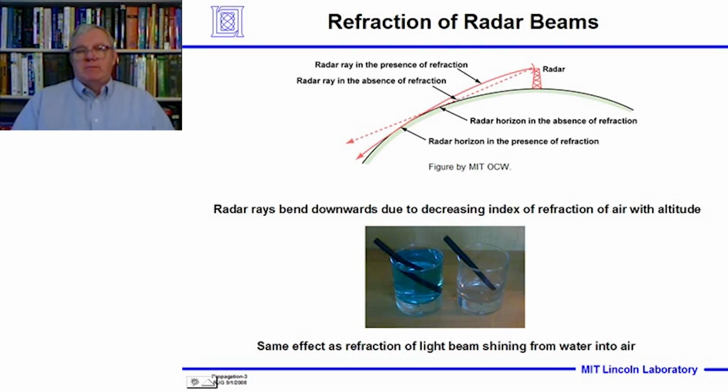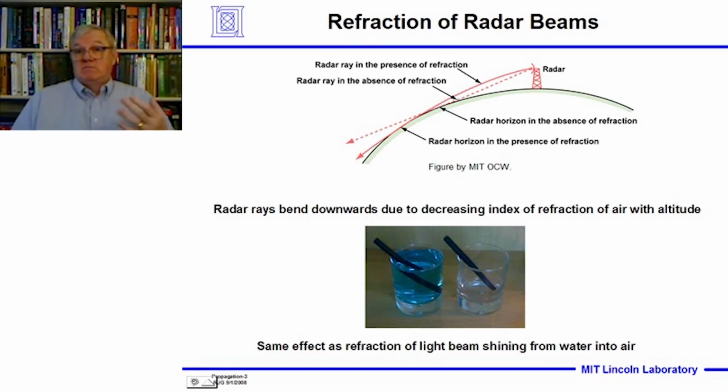When the radar beam passes through a medium with a changing index of refraction, the beam will bend. Now, I just said the words index of refraction. The index of refraction is the ratio of the speed of the electromagnetic wave in a vacuum to the speed of the electromagnetic wave in the medium.